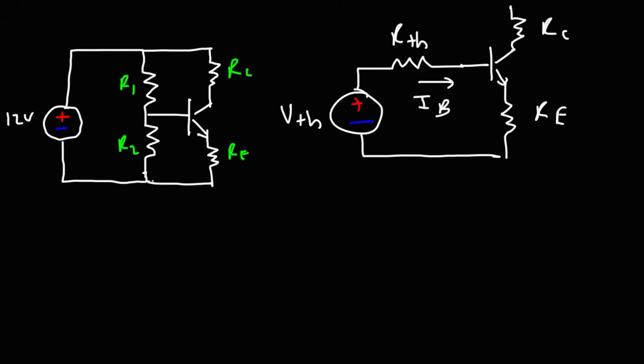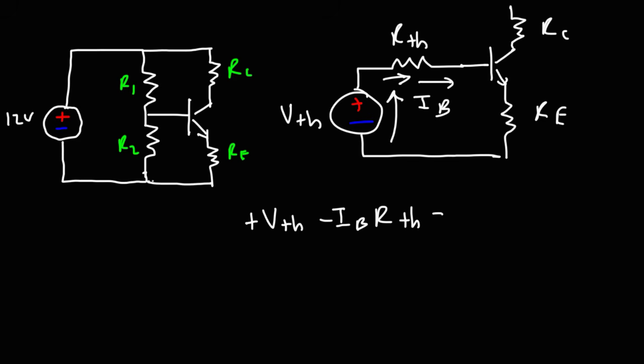Now, according to Kirchhoff's voltage law, we can write the following equation, starting from this section. As we go from the negative terminal to the positive terminal of the voltage source, that's going to be a voltage rise, so that's plus V Thevenin. As we travel through R Thevenin, the voltage drop is going to be negative IB times R Thevenin.